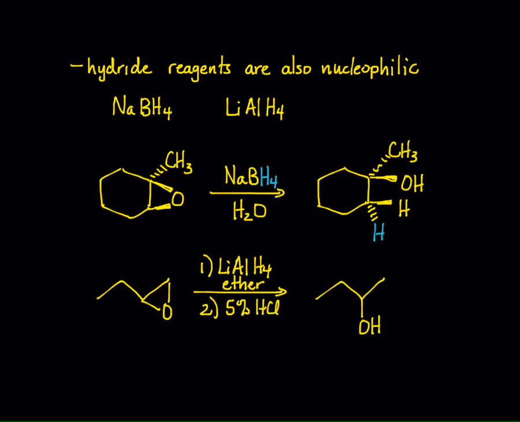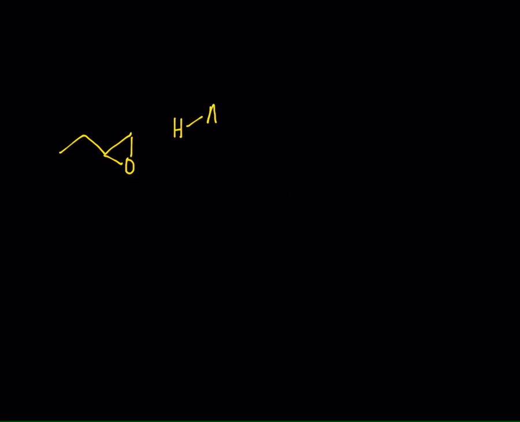Now you may ask, how does that mechanism work? Your textbook really doesn't talk that much about the mechanism at this point, but I do want to highlight we've seen the structure of borohydride in sodium borohydride. This is the structure of aluminum hydride. It looks very similar, except you have aluminum instead of boron. The aluminum has a negative charge. So these are hydride donors. My H-aluminum bond is a relatively weak bond.